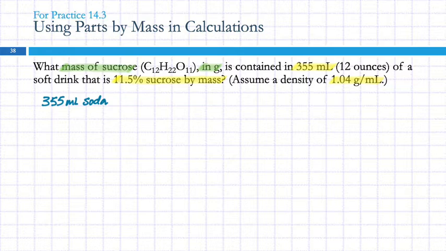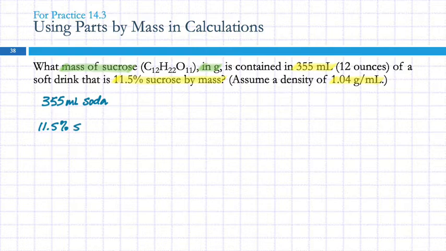Because we have mass of solution and solute and solvent, we need to specify what these things are. So that's the volume of the soda, the solution. And then it says 11.5% sucrose. Which is easier, C12H22O11, or sucrose?